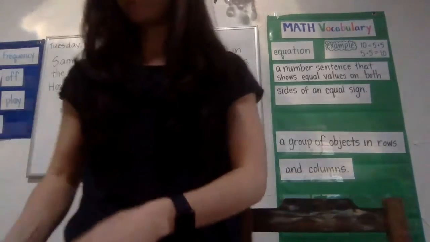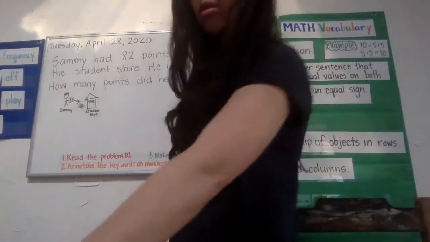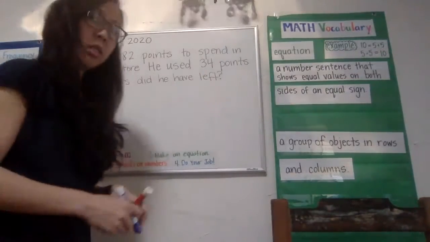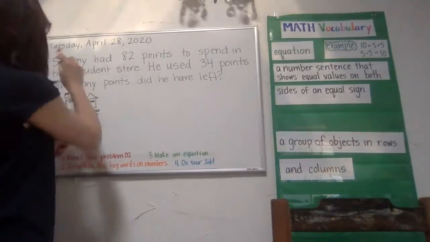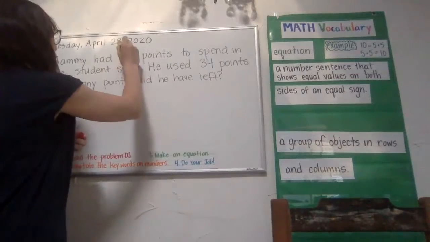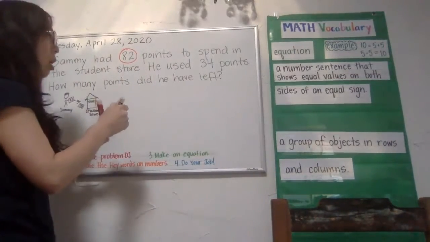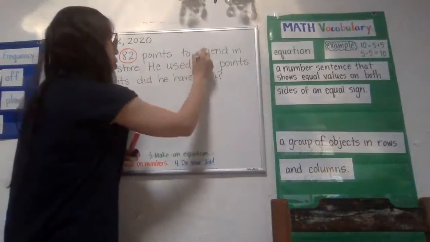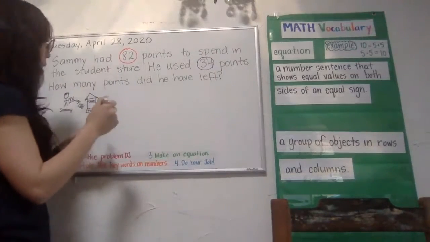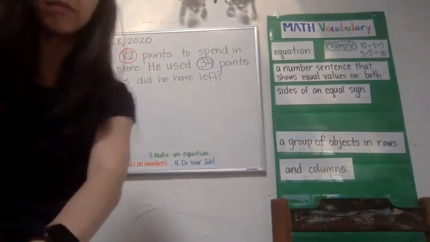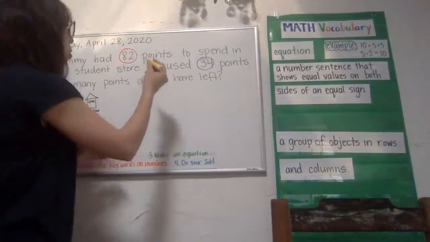Okay, now I'm going to jump in and find those keywords and numbers. So I see the key number. Let's see, Sammy had 82 points to spend at the student store. He used 34 points. And now we need to find out how many he has left. So let me find those keywords. I see used.